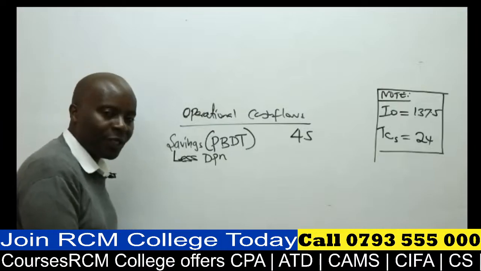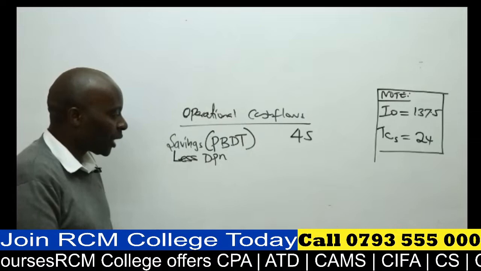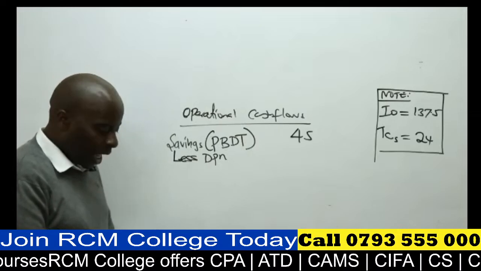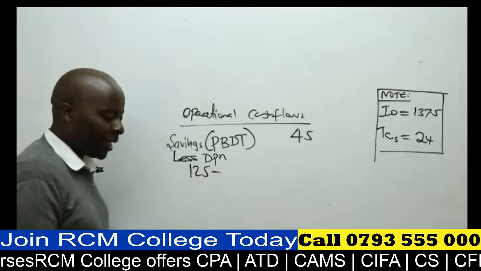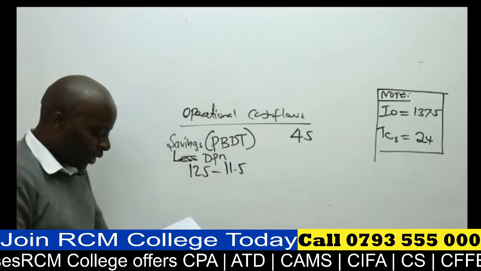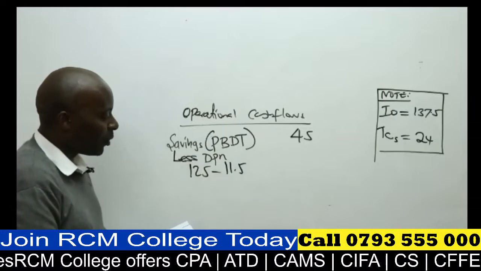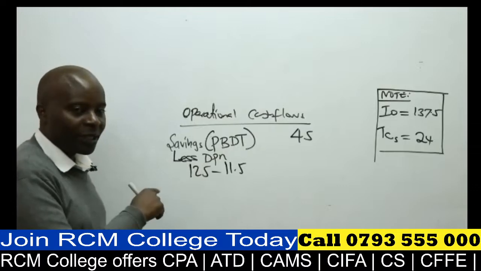So less depreciation here, we shall use the straight line method. Our cost of the equipment is 125 minus the scrap value, which is 11.5. Scrap value is given in the question as 11.5. I hope my cameraman is able to change screens.